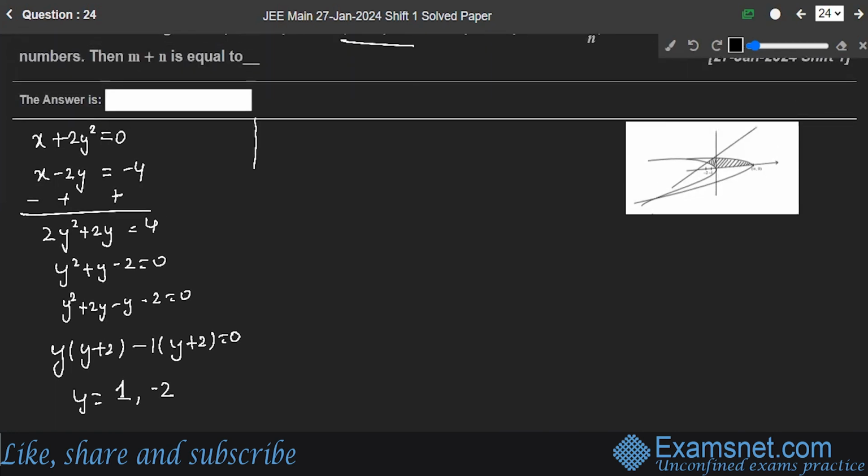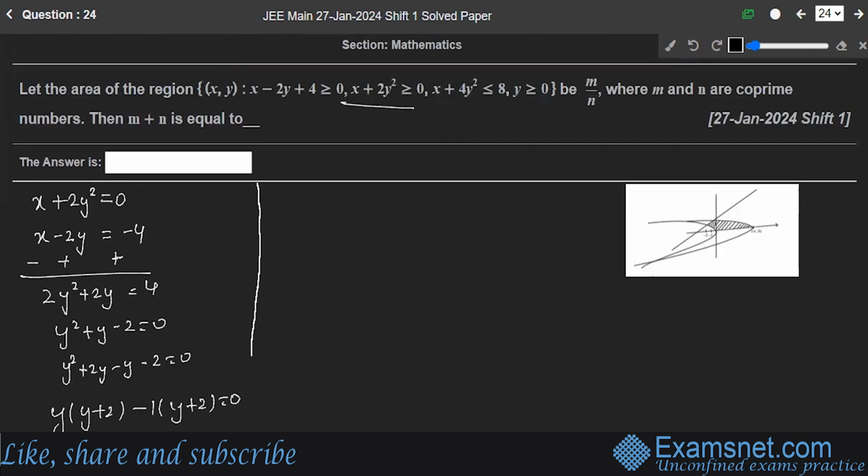All right, now the second point of intersection. I'm going to take the curve x plus 4y square is equal to 8, changing the inequalities to equalities, and x minus 2y is equal to minus 4.